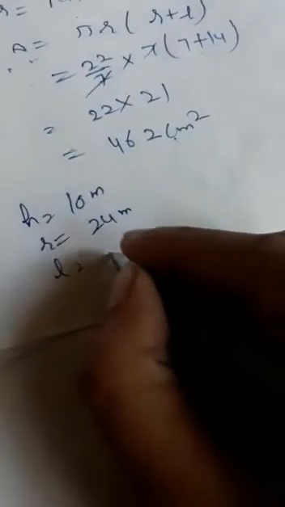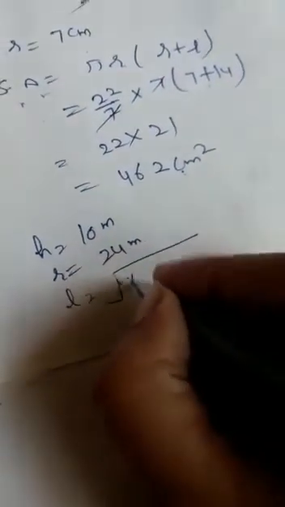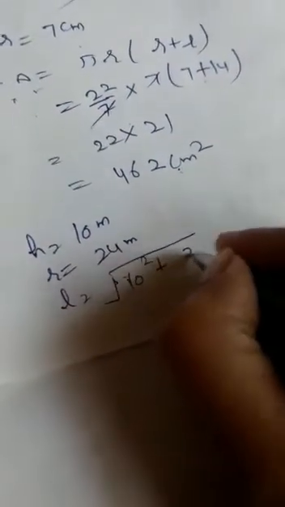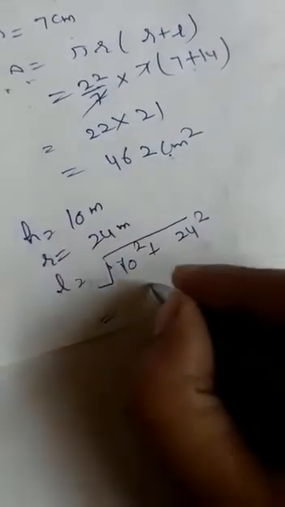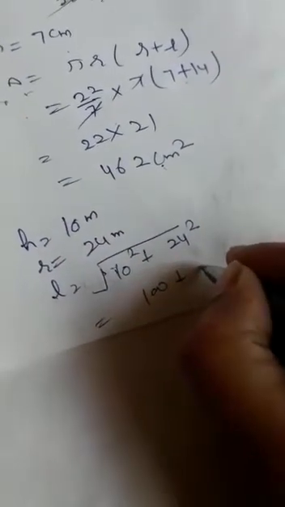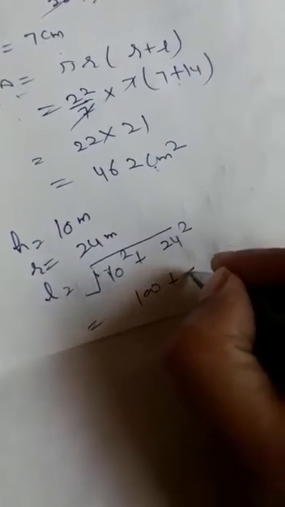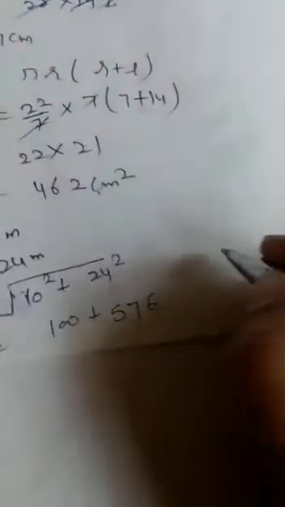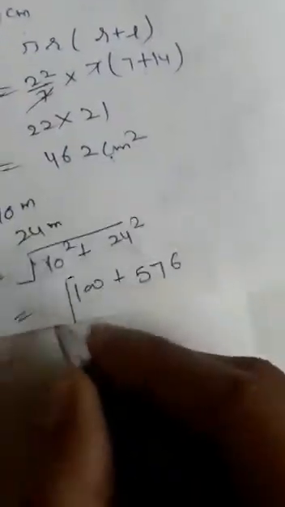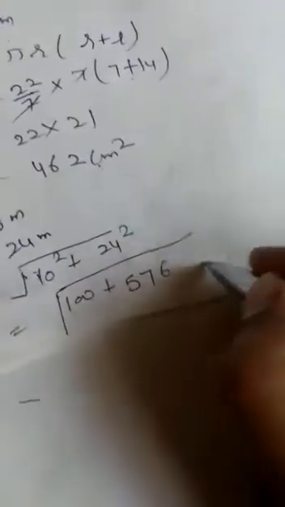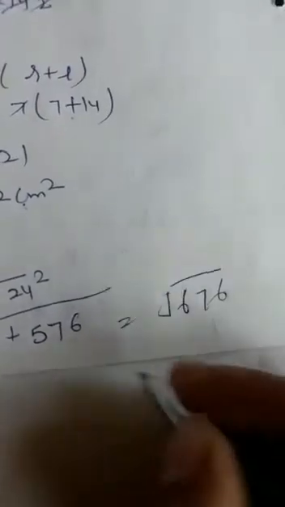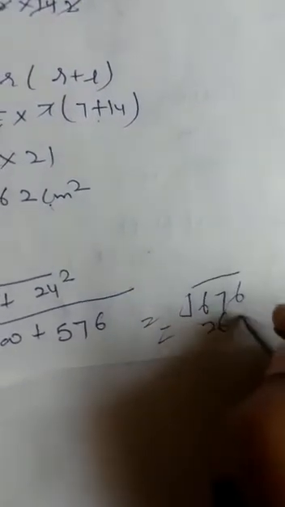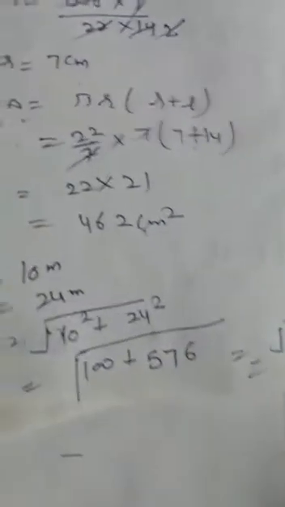We will apply this formula here. 10 square plus 24 square, that is 100 plus 24 into 24, 576. Square root of 100 plus 576, that is square root of 676, and it will be 26 meter. This is our slant height.